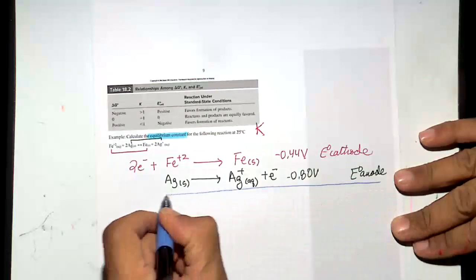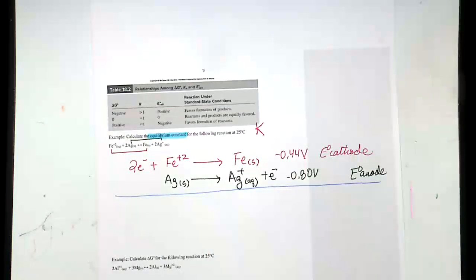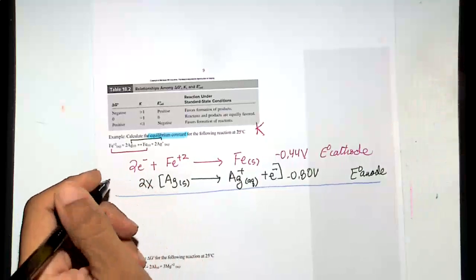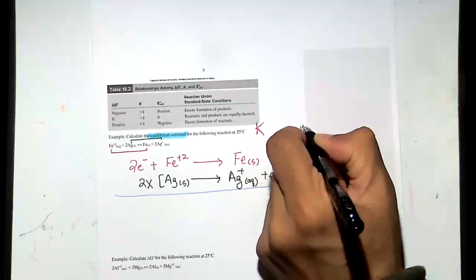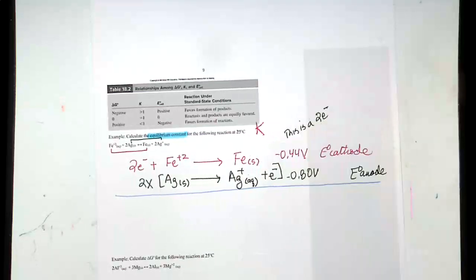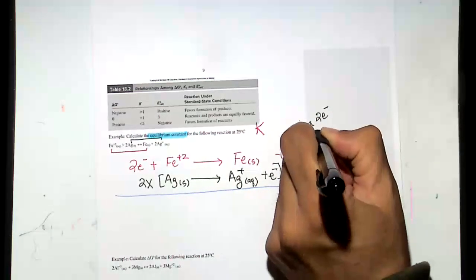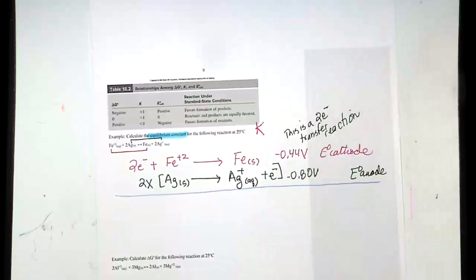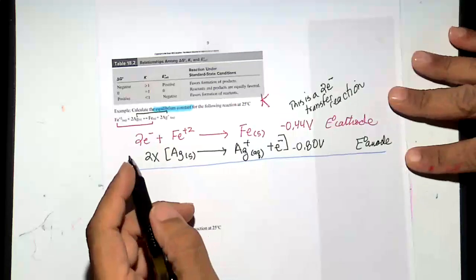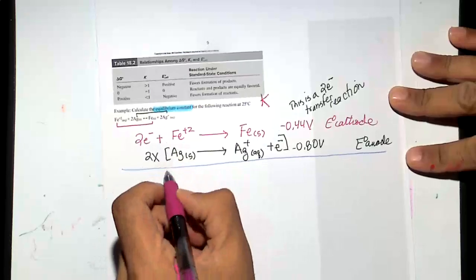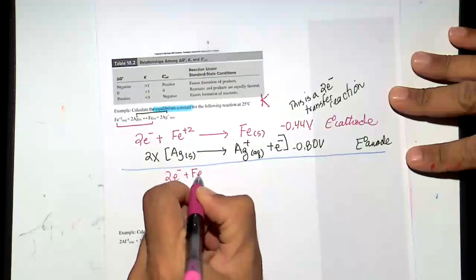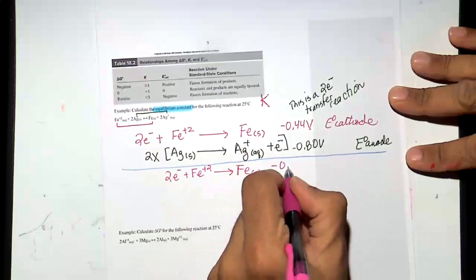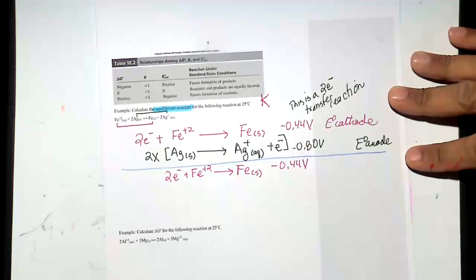And then I am going to add this up. What should I multiply the bottom one by? 2. So how many electrons are being transferred? This is a 2 electron transfer reaction. So I have here, I think I'm running out of time, 2 electrons plus Fe plus 2 goes to Fe solid. That's minus 0.44 volts.